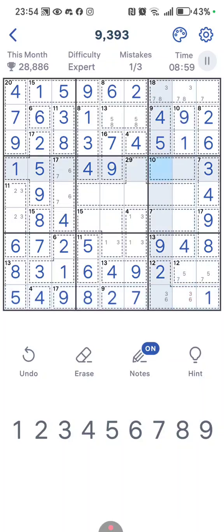Okay, up here, this has to be 2. If you look at this, this has to be 2 and 8. Can't be 3 and 7. Can't be 4 and 6. Can't be 1 and 9. So that is 2 and 8. Okay, this 6 and 7. There's a 7 here, so this can only be 6.